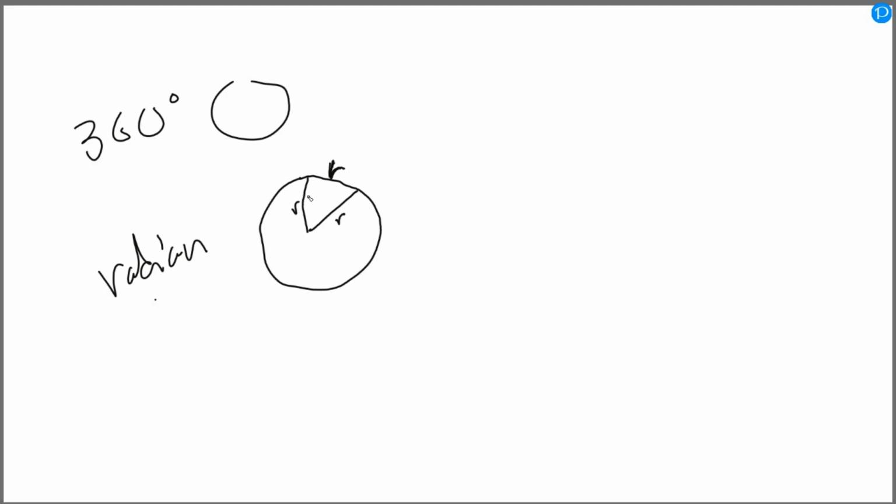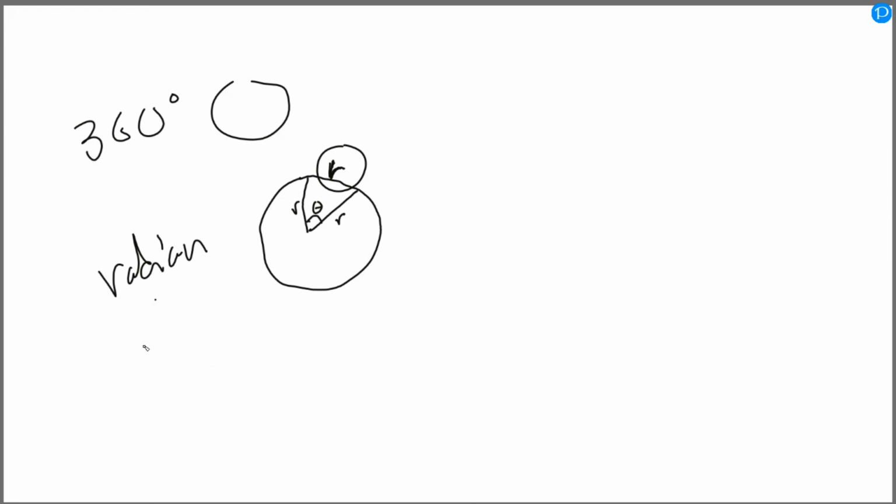So it looks like this, right? The angle that's subtended or formed here, let's call it theta, is 1 radian. So 1 radian is equal to the angle subtended by a sector with arc length of r.